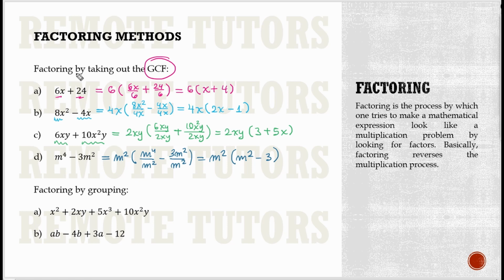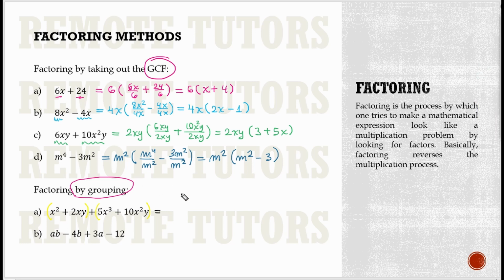The second type of factoring is factoring by grouping. So here, the first step is to group a pair of terms. So we will find the factored form of the first pair, and we will find the factored form of the second pair.